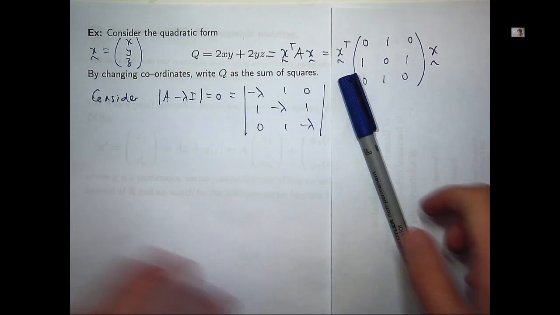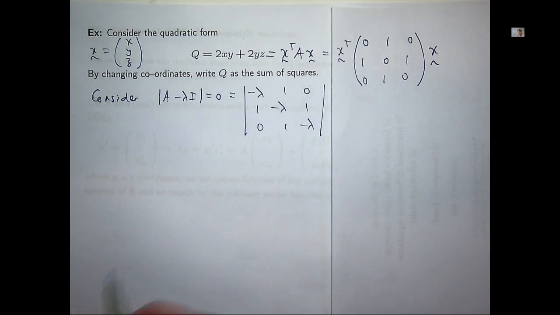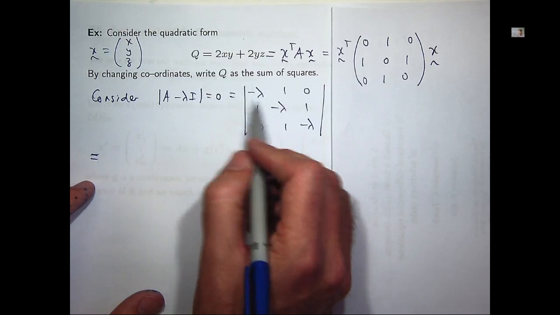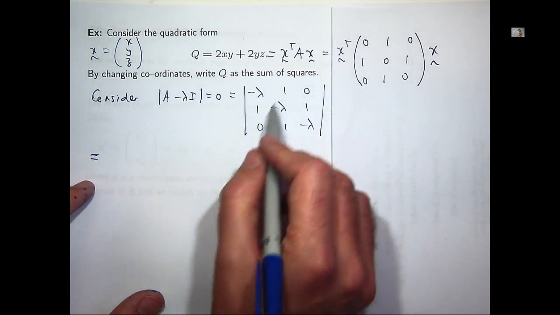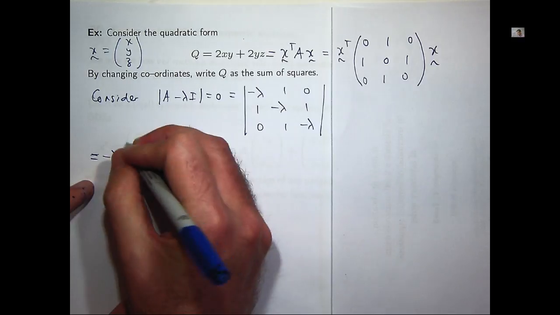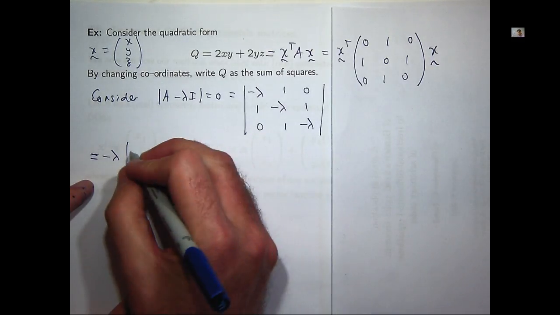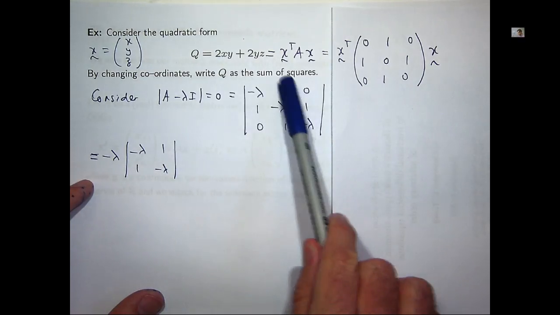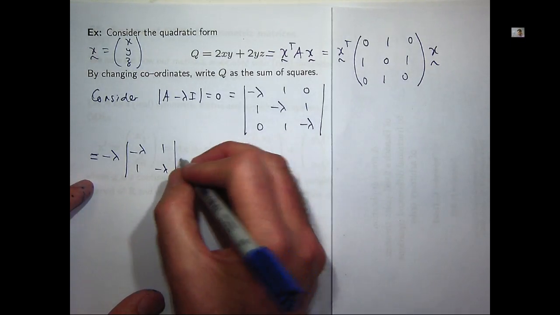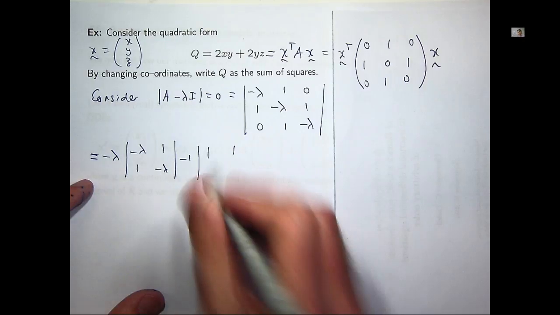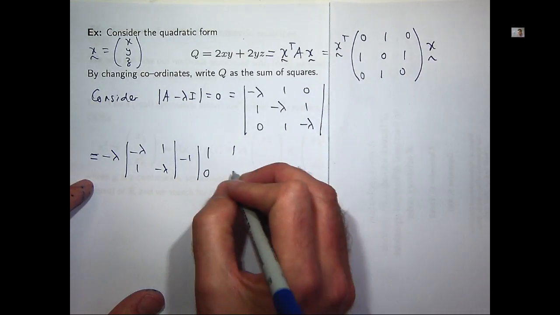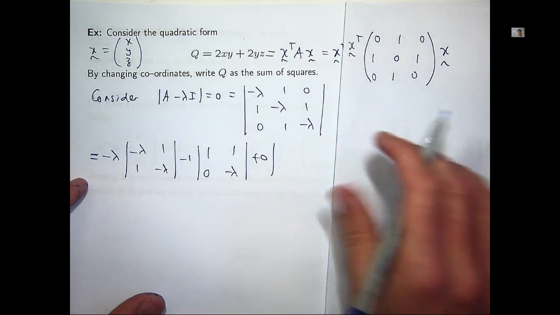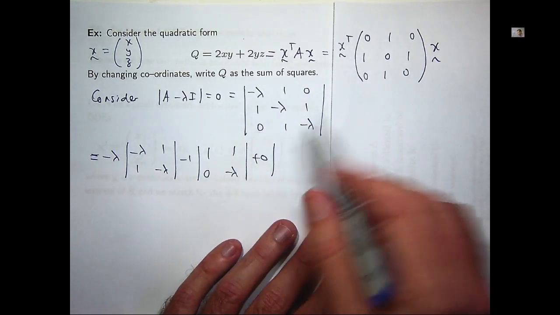So I'm going to get something like the following. This might look familiar to you. It's that times the determinant of that, minus 1 times the determinant of the following, plus 0 times the determinant of this.